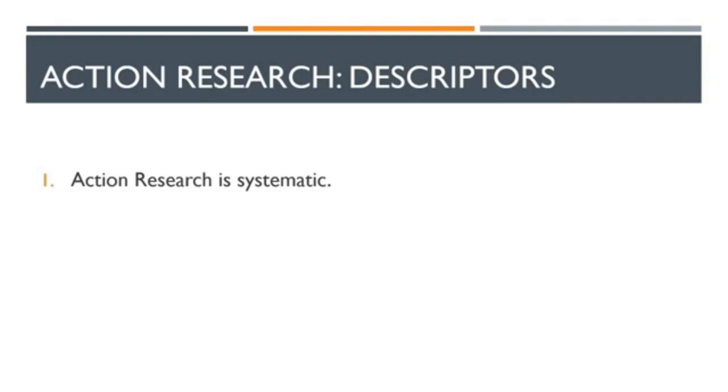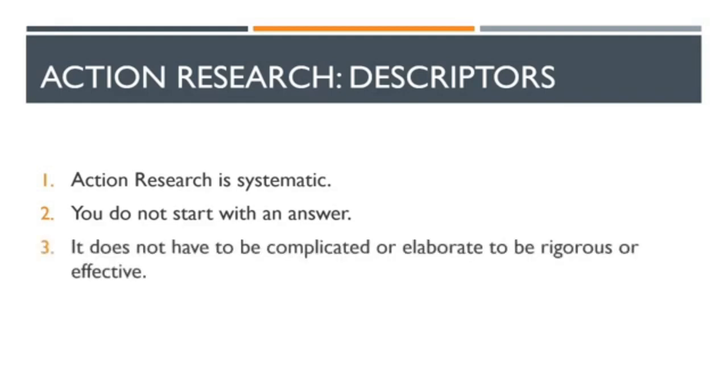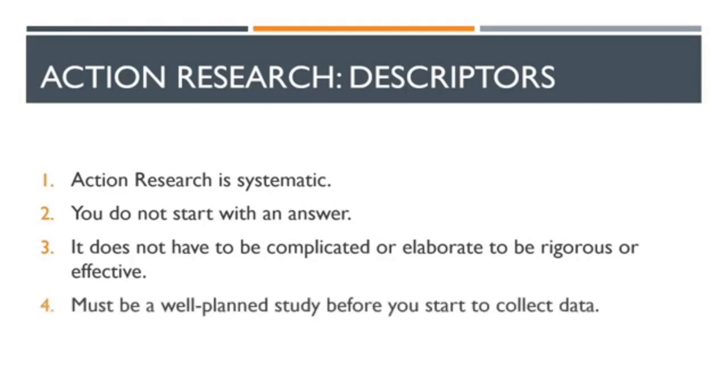Action research is systematic. It is a planned, methodological observation related to one's teaching. You do not start with an answer. It must be unbiased. The observer must be objective. It does not have to be complicated or elaborate to be rigorous or effective. It must be a well-planned study before you start to collect the data.